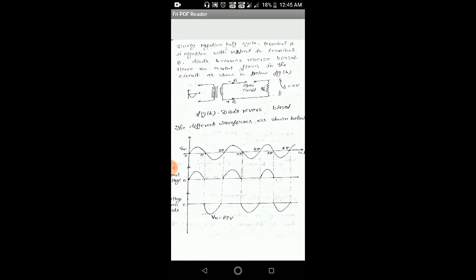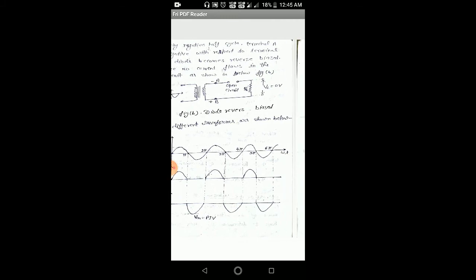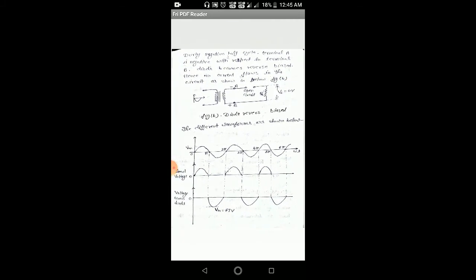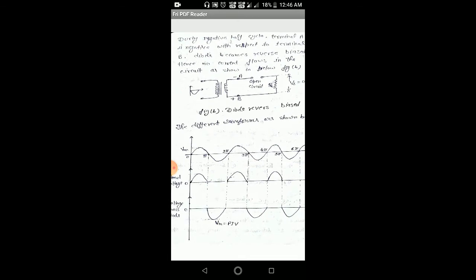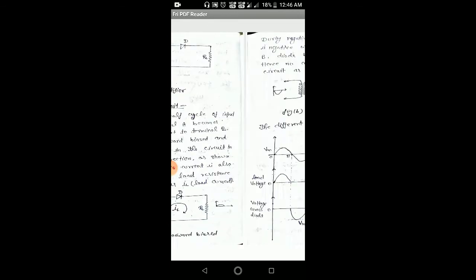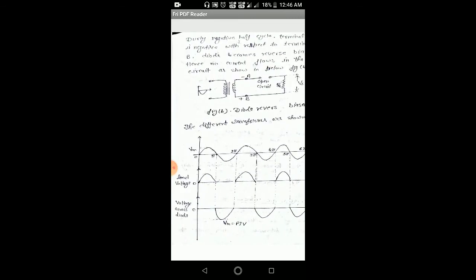So the different waveforms are shown below. In the wave diagram, the first waveform is the secondary voltage, and then we see the load voltage obtained.